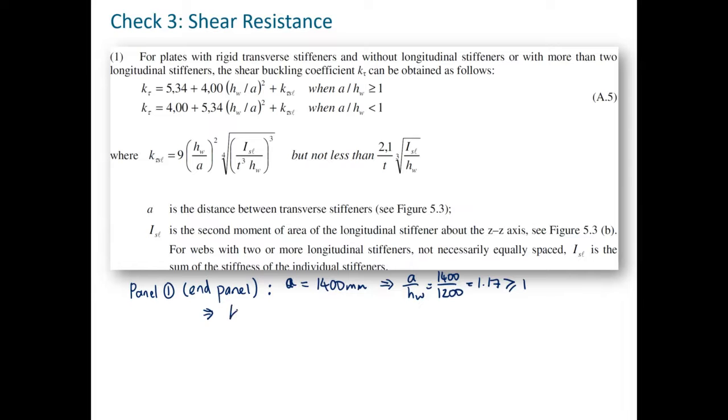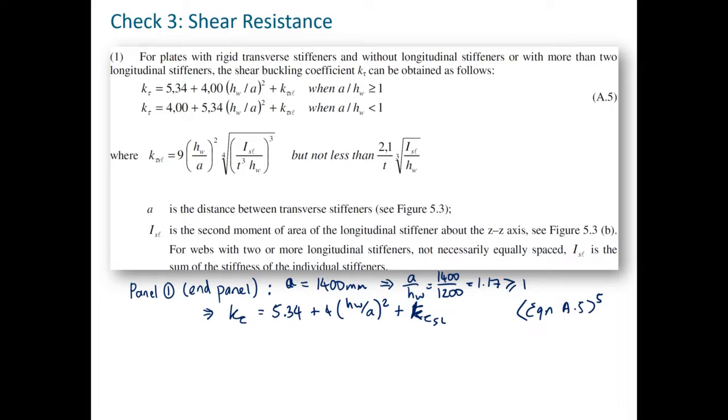That implies that k tau is equal to, so we're using that first equation because it's greater than or equal to 1, 5.34 plus 4 into the height of the web over the spacing of the stiffeners, squared, plus k tau SL, and that's equation A5 in Eurocode 3 part 1 part 5.